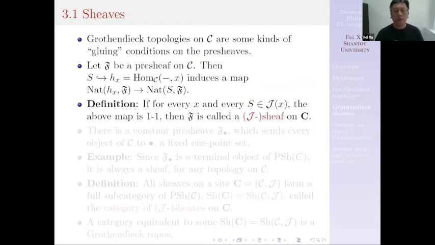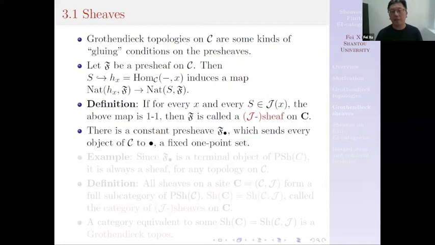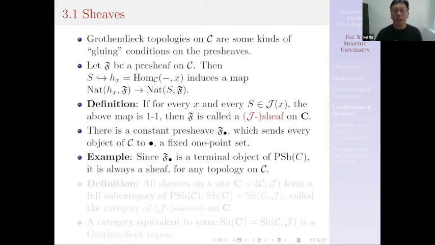So for instance, there's always a constant presheaf which sends every object of C to a fixed one-point set. I write this as F dot. And this presheaf is actually always a sheaf. It is a terminal object in the presheaf category.